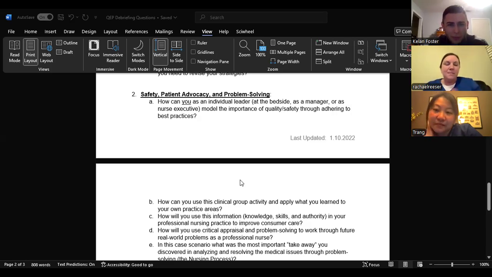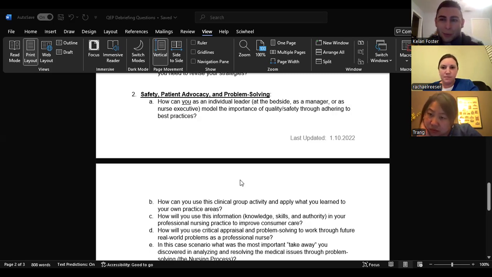Okay, cool. How can you as an individual leader model the importance of quality and safety through adhering to best practices? In my opinion, it's important as a leader to lead by example. There's a saying that you have to practice what you preach. If you don't, how are your employees or coworkers going to do that as well?